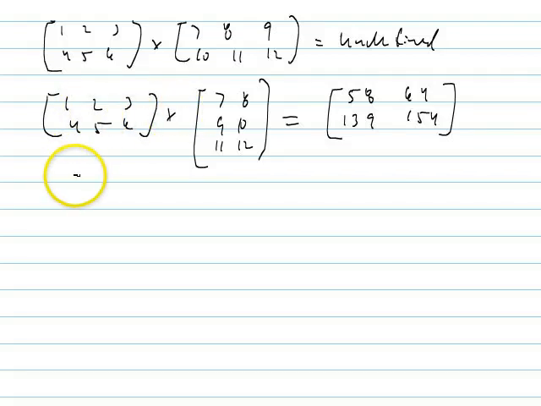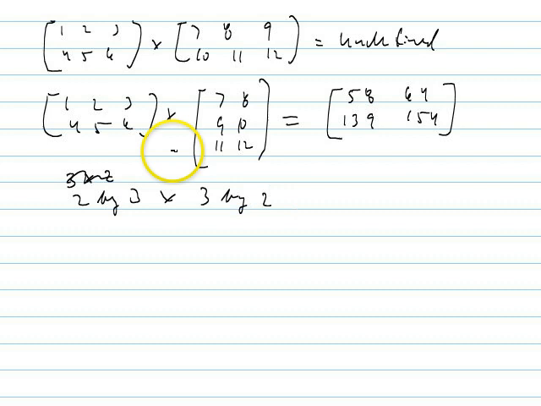The first rule about matrix multiplication is determining whether you can multiply them or not. We write the dimensions of the matrix on the left, which is 2 by 3, 2 rows, 3 columns. And the dimensions of the second matrix, the one on the right, it's got 3 rows and 2 columns.